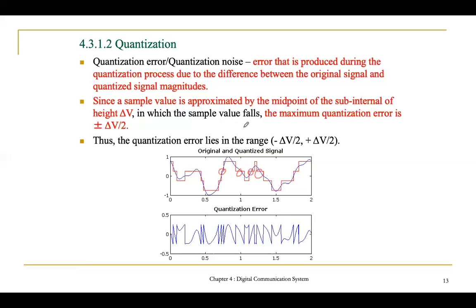That's why it is stated that the maximum quantization error is plus minus delta V over 2. So the error lies between negative delta V over 2 and plus delta V over 2. Okay, so this figure is actually just to show you. You can see that in this part the error is small. And this part, you can see that the error is quite high. So that's why you have a high error.